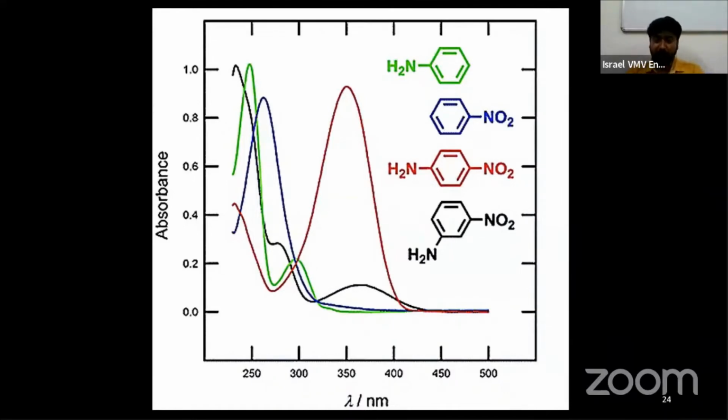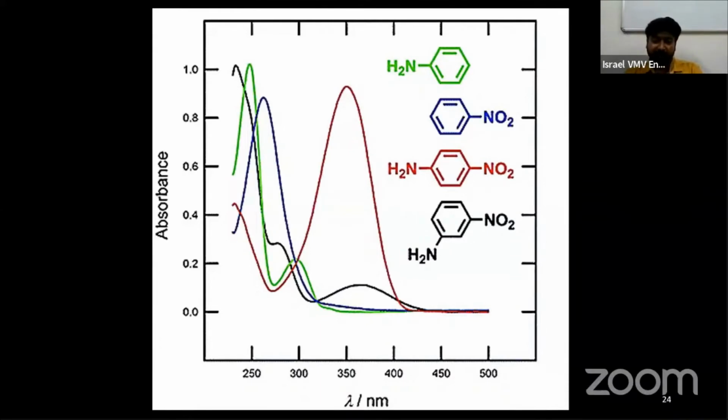The NH2 group tends to push electrons into the ring. Nitrogen has a lone pair of electrons, and that lone pair tends to go into the ring through conjugation. The NO2 group, the nitro group, has oxygens which are electronegative. They tend to pull electrons towards themselves.